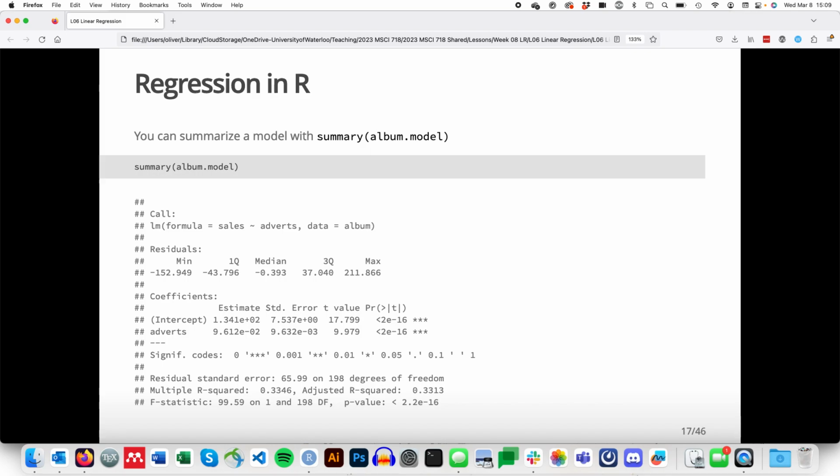For example, 1.3 plus 7.5 will become the upper bound, and likewise for the intercept. For the p-value, which is very small, the linear regression is rejected. Yeah, I think that's it.